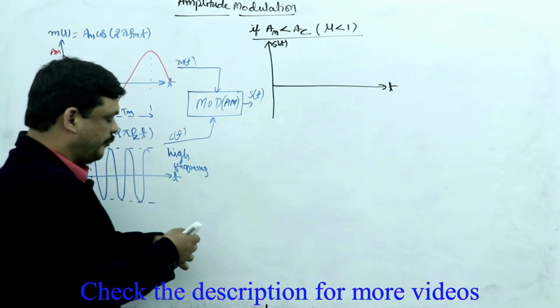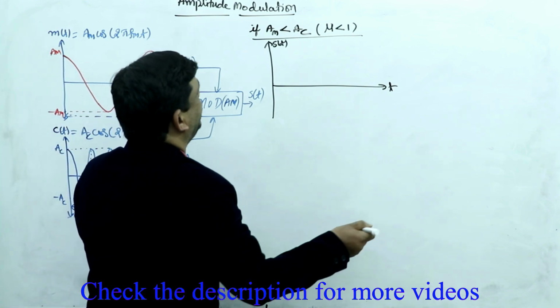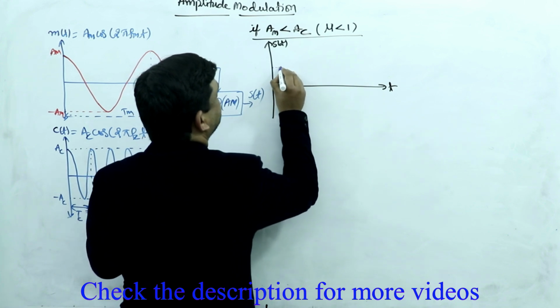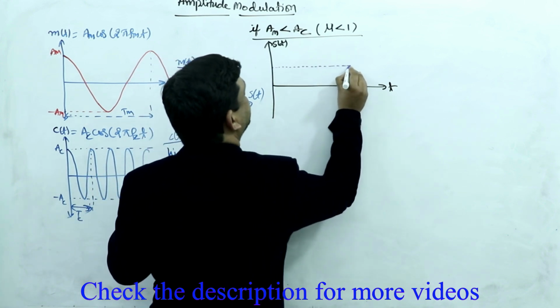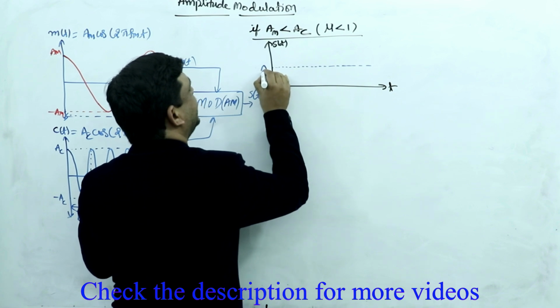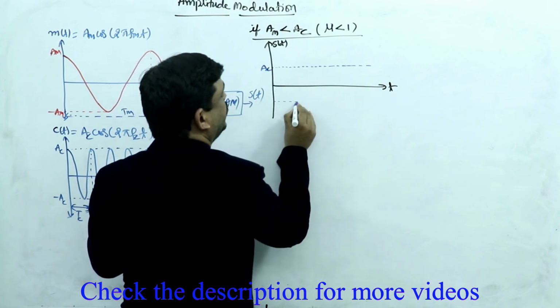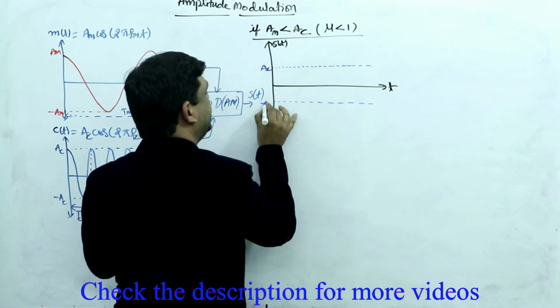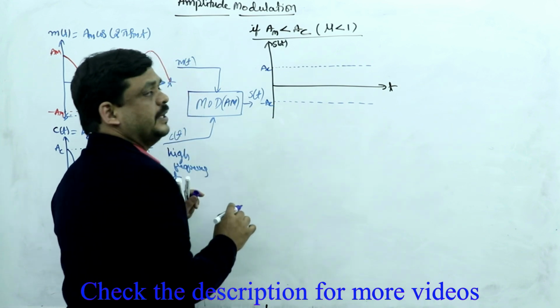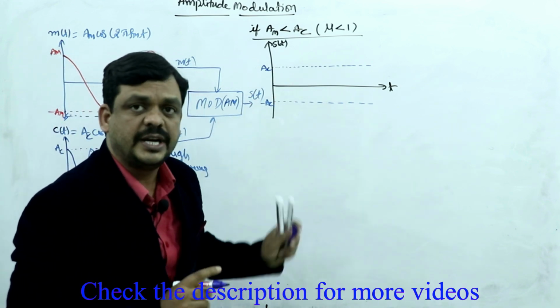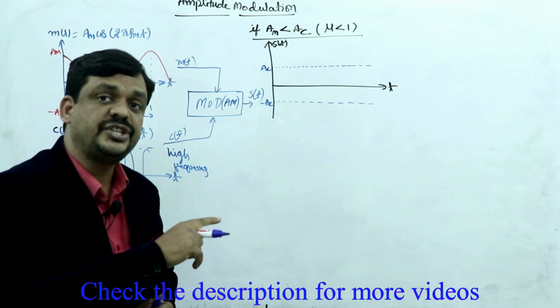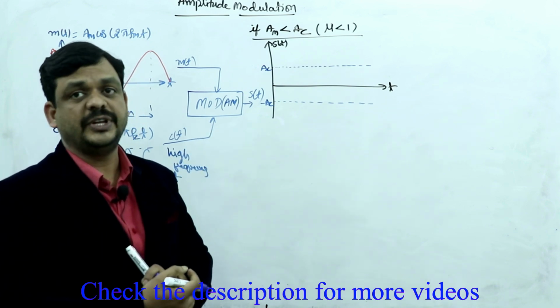That's why first I am assuming the amplitude of the carrier signal is AC, and on the negative side minus AC, right? This amplitude is not constant now. It changes with respect to the amplitude of the modulating signal.